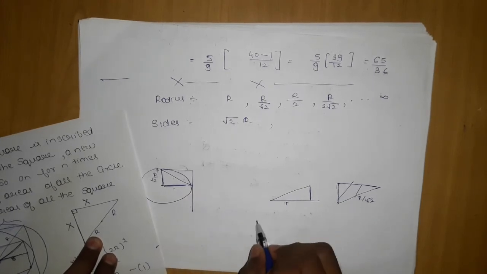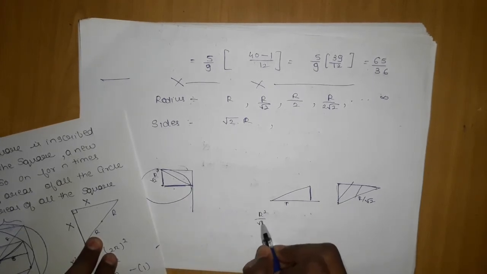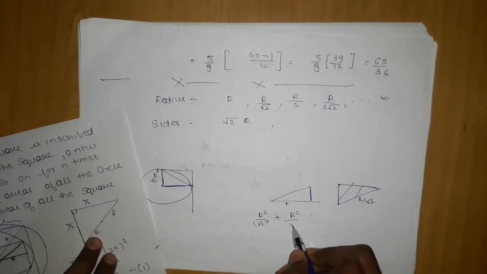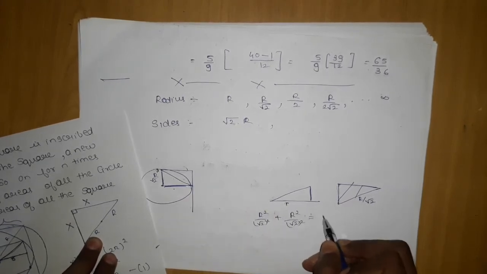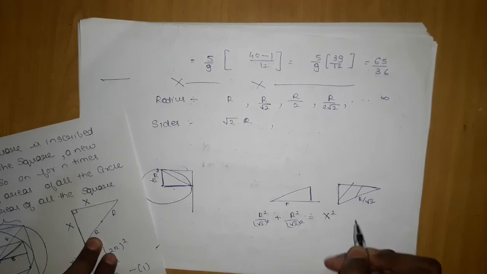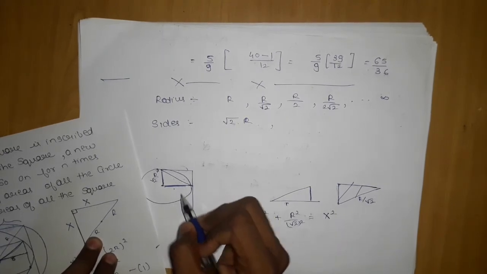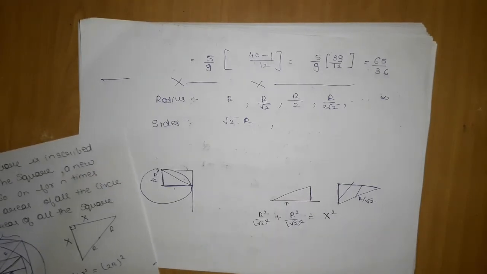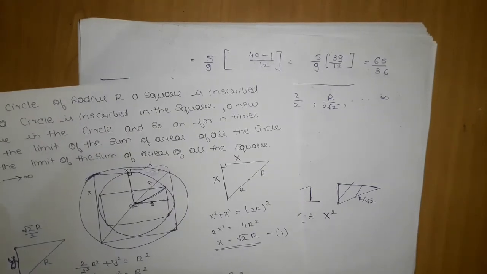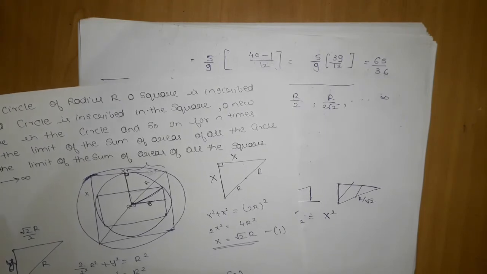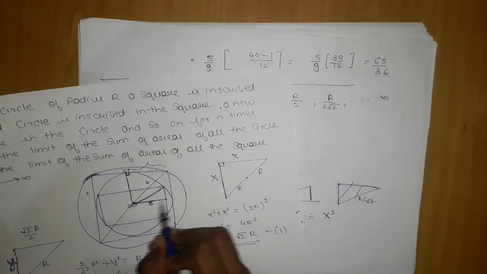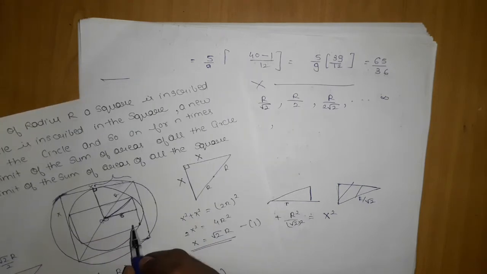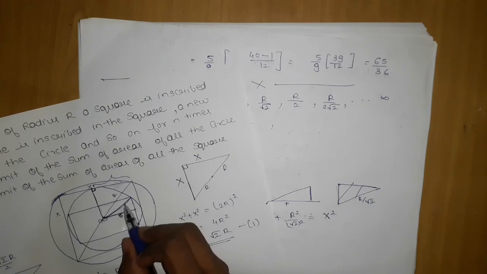So what you can see is r square upon root 2 square plus r square, and if I apply Pythagoras theorem, r square upon root 2 the whole square should be equal to some x square, which is the length which we need to find out. Here we are considering this part, we know this, r by root 2, this is r by root 2.